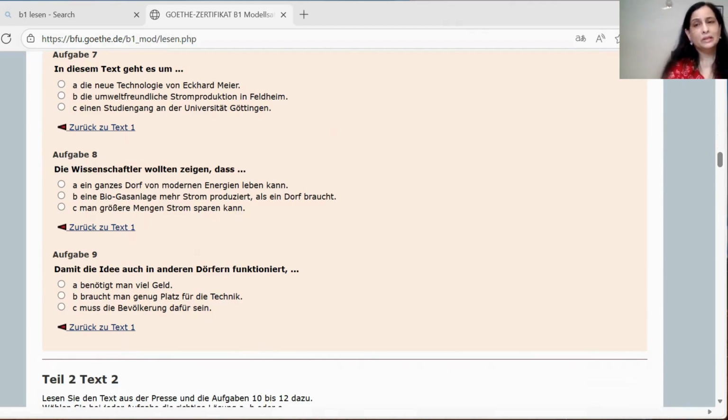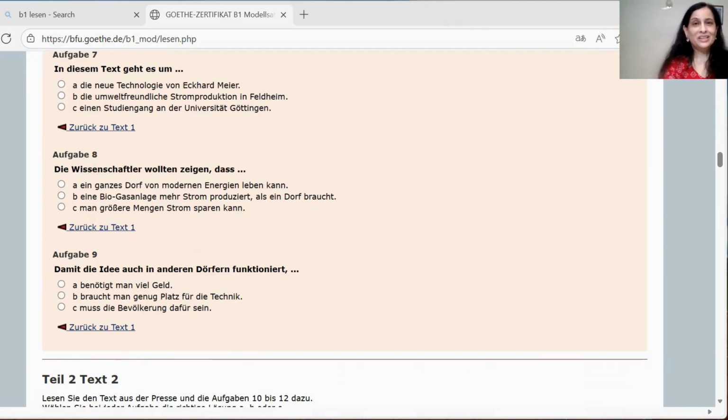The first one actually means that one will need a lot of money. Then the B option is braucht man genug Platz für die Technik. One will need a lot of space for this technology. And the third one is muss die Bevölkerung dafür sein.